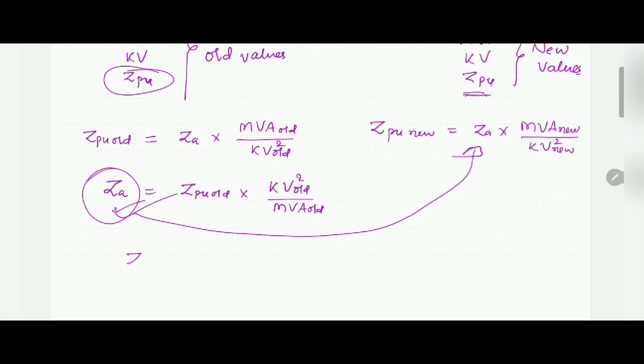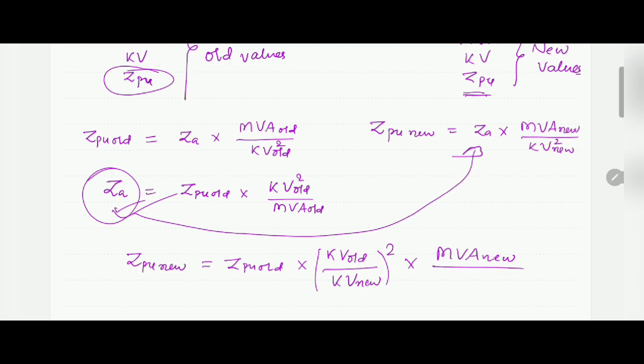this one. So on simplifying we will get Z per unit in the new system will be equal to Z per unit old multiplied by kV old divided by kV new square multiplied by MVA new divided by MVA old.